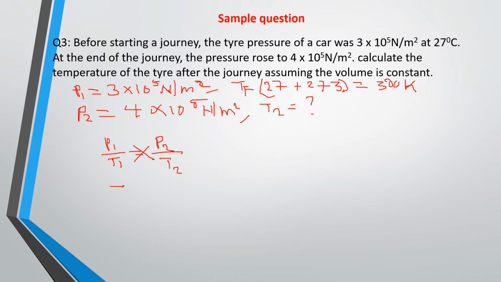So you make the final temperature the subject of the formula. Your T2 will be equal to P2 times T1 all over P1. Substitute into this equation the values that you have gotten.